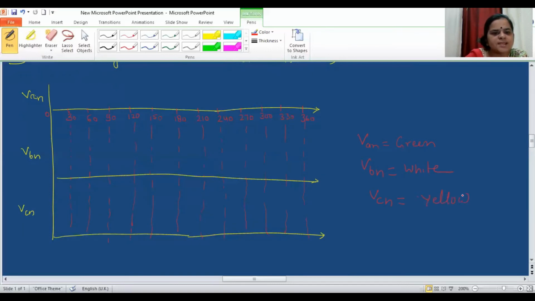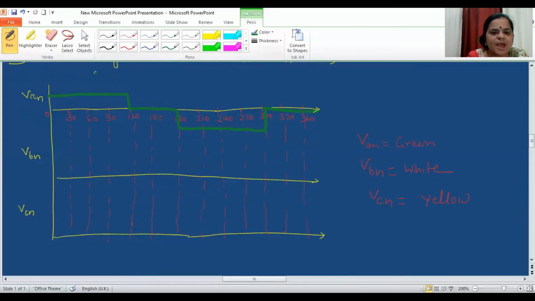So VAN is green, so let's select the green color. Now we know from 0 up to 4 durations I am going to get Vs by 2. Next duration I am getting 0. Then for 4 durations, that is up to 300, I am getting minus Vs by 2, and then again 0.